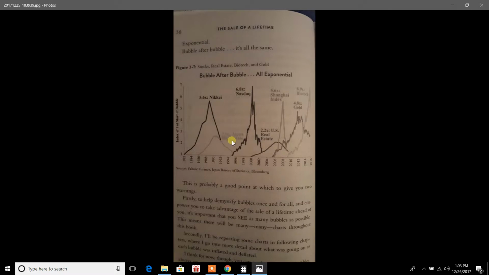You had 2.6 times price action in the Japan real estate, 5.6 times in Shanghai index, 4.8 in gold, and 6.9 in biotech. And these are just a few from 1982 to 2016 that have all gone into bubbles and have popped. And you can see in every single one of them, the price action is parabolic. All right, so that's one way to indicate that you're in a bubble.